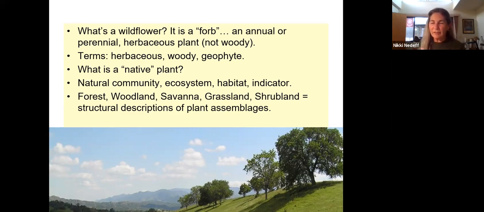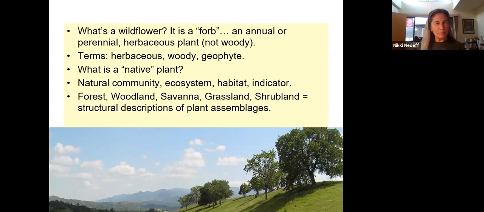It doesn't have stem material or branch material that, when you break it, snaps like a twig. An herbaceous plant, you think of something like a grass or a mustard, something like a poppy that isn't woody.